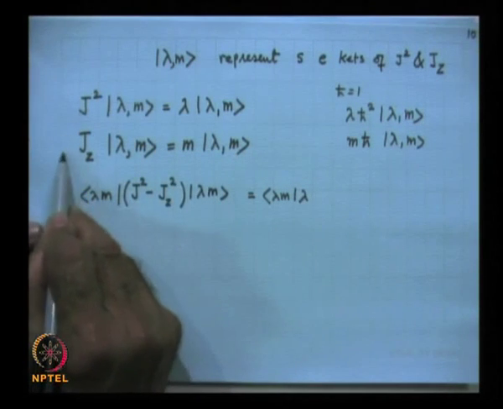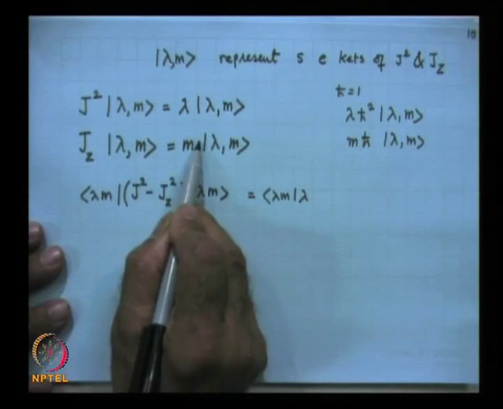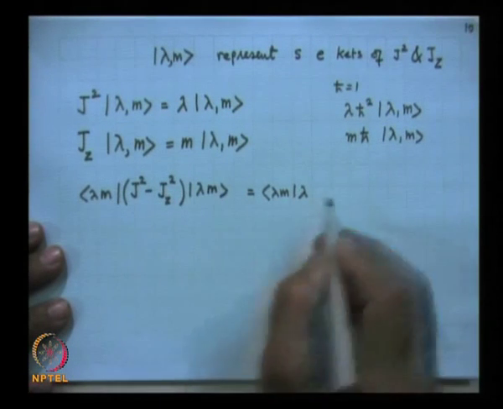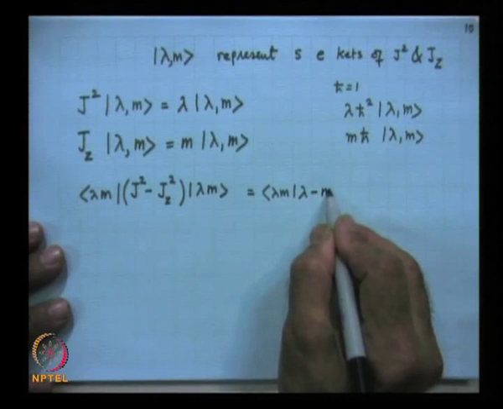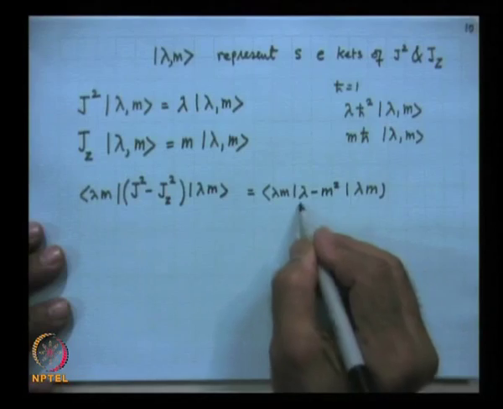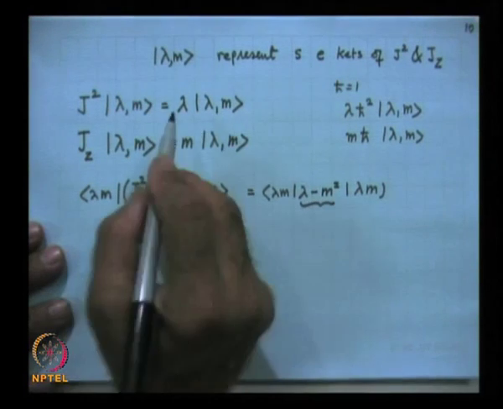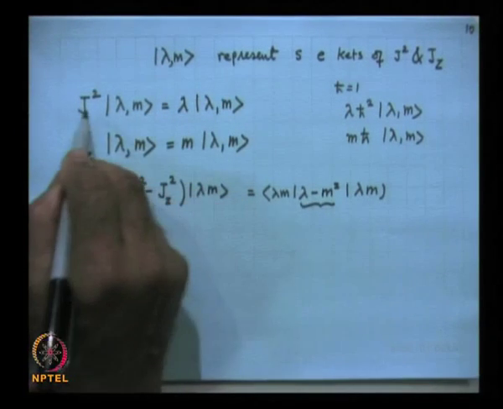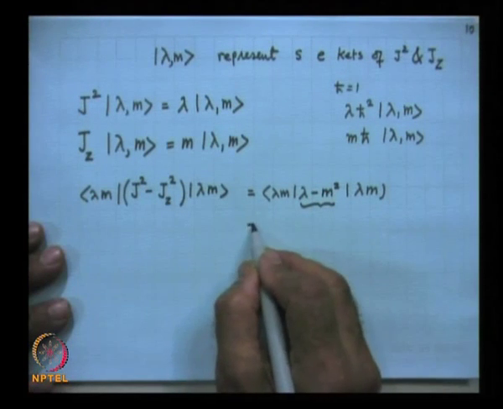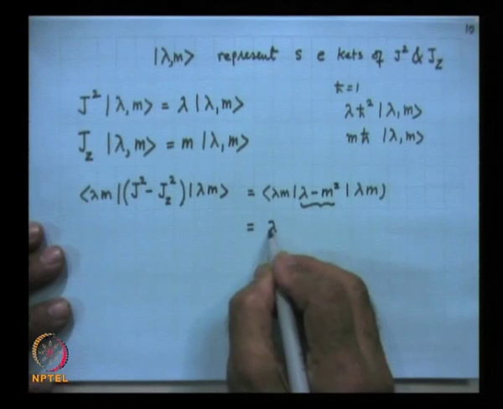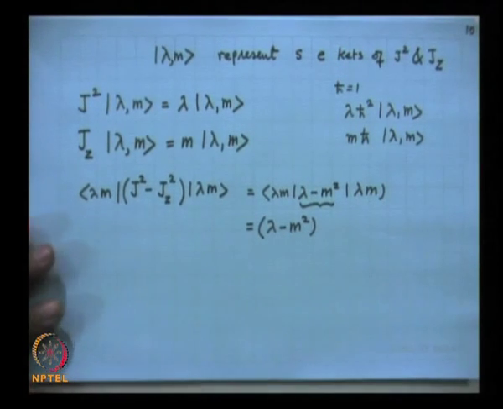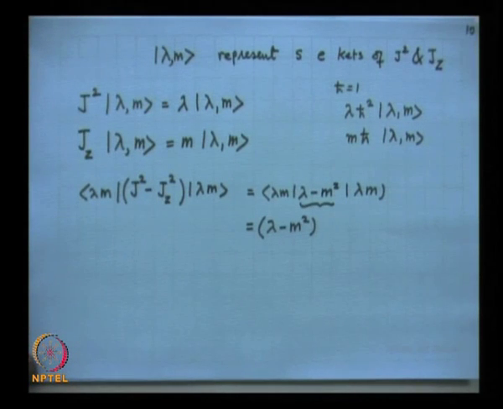If I operate again by jz, it is m square. So, this becomes lambda minus m square times ket lambda m. This is just a number because these are just eigenvalues, this is the operator. So, if these are orthonormal kets, this becomes lambda minus m square.